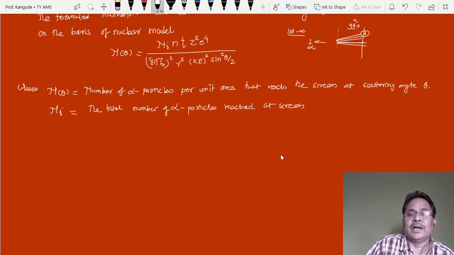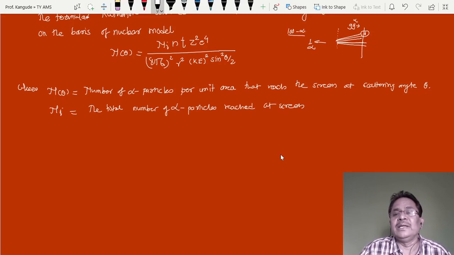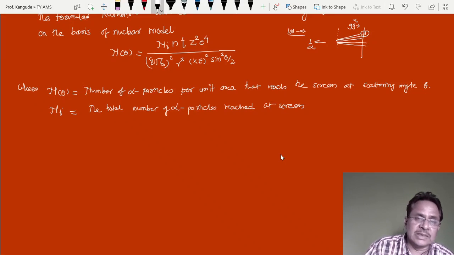Out of this 100, 1 is reflected, 99 reach there, that is my Ni. And at that particular angle, per unit area, how many of these alpha particles are observed? That is this n theta.